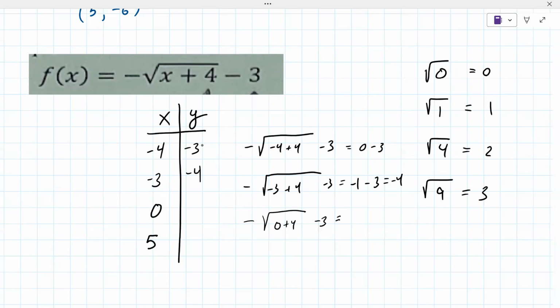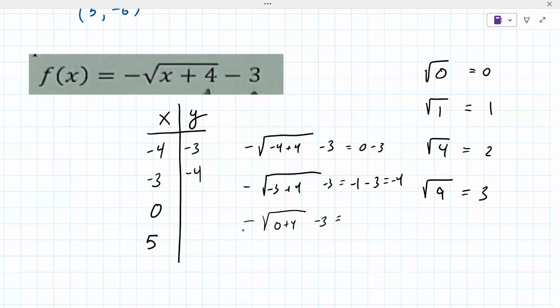-19. Or hold on, no. It's much smaller than that. Add the numbers, take the square root, then negate it, then subtract 3. What is -4 squared?